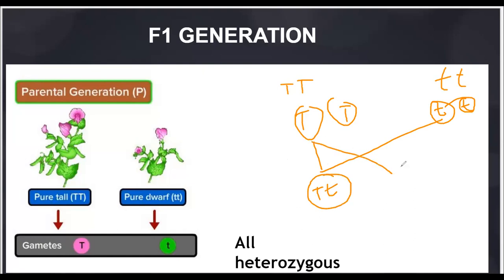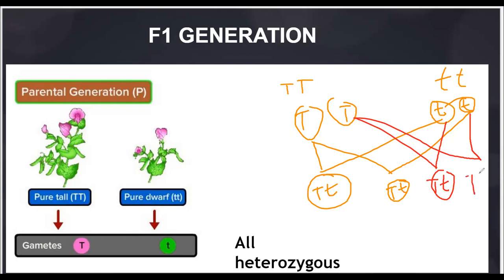This can again combine with another plant, giving rise to capital T, small t. Then this with this, capital T, small t. Then this with this, capital T, small t.